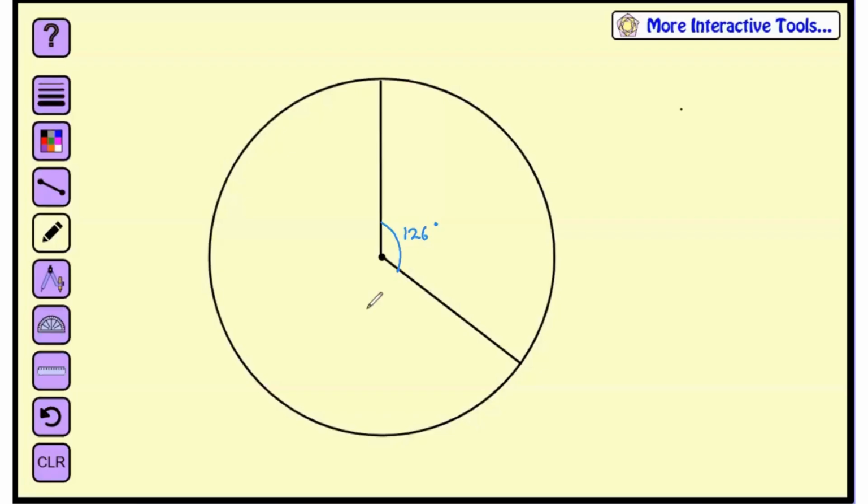So this is a pie chart and we're going to draw all of the other angles. So this is the 126 degrees that's given in the question.